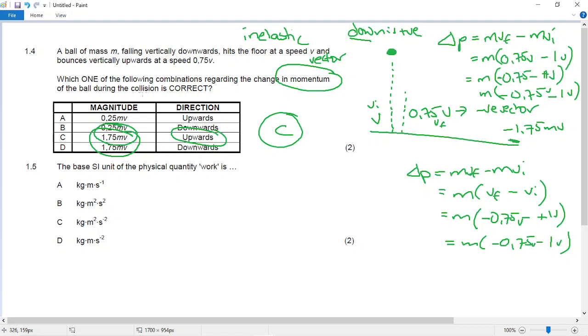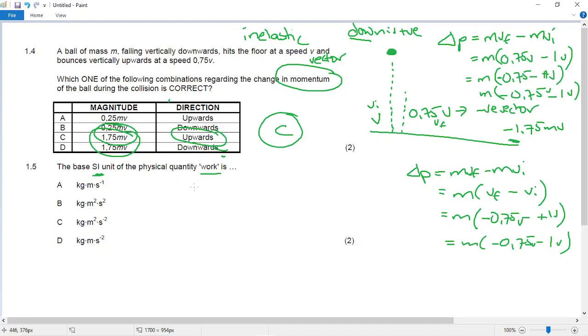Now it says to you 1.5, the base SI unit of the physical quantity work is. Well, we know that we measure work in joules, but we are not using joules because it's not a base unit. Remember, there are only those 7 base units. So to work this out, what are we going to do? We're going to find any formula that we have for work.